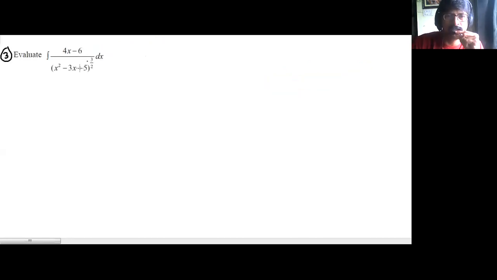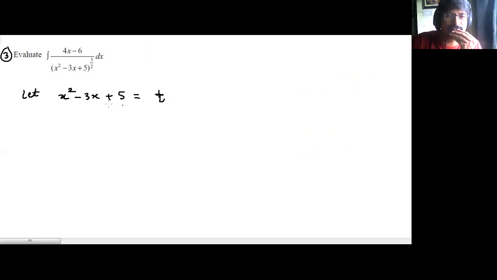4x minus 6. Guys, now the biggest question that comes in students' mind is how to choose that t, or how to choose that function as some variable. So let me teach you over here. Let x square minus 3x plus 5 be t, or you can say any variable u also. Okay.